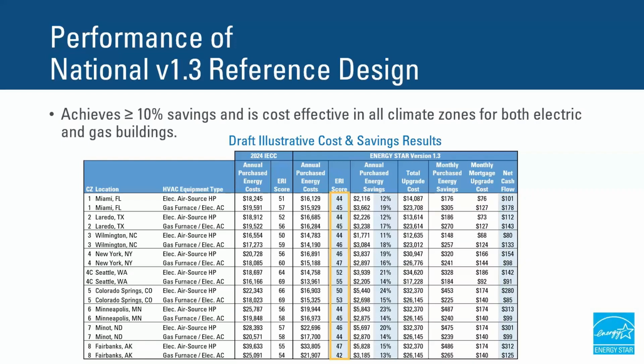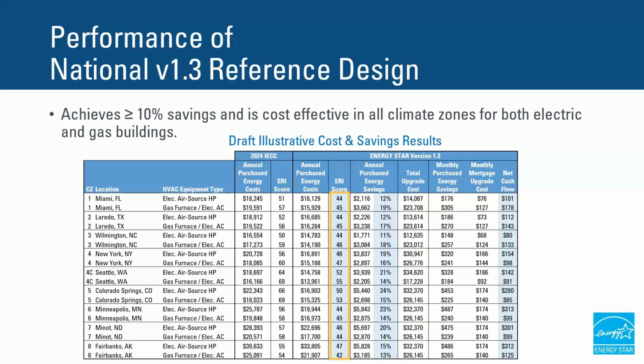Now, when looking at the ERI scores, the averages for each building are summarized here. The range for all of the units is a little bigger than for single family. So 80% were between 40 and 50. And this contrasts with about 45 to 55 for most dwelling units certified under version 1.2. However, most of those are really clustered at the center of that range, with nearly 50% of the units getting 44, 45, or 46.